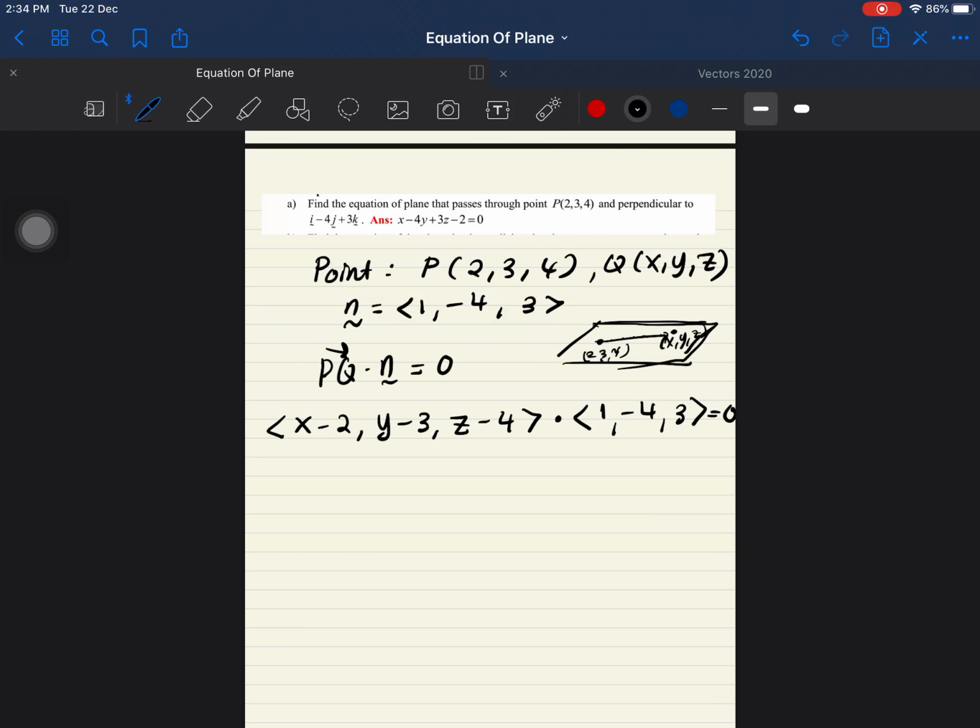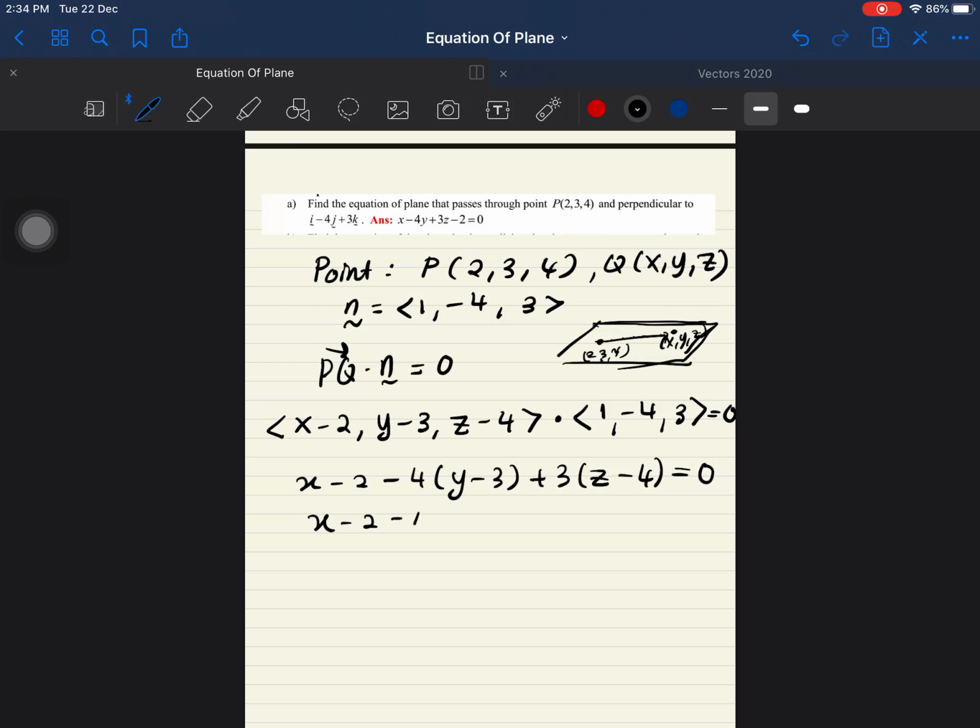So you will have 1 multiplied by X minus 2, so you will have X minus 2 minus 4, Y minus 3 plus 3, Z minus 4 is equals to 0.